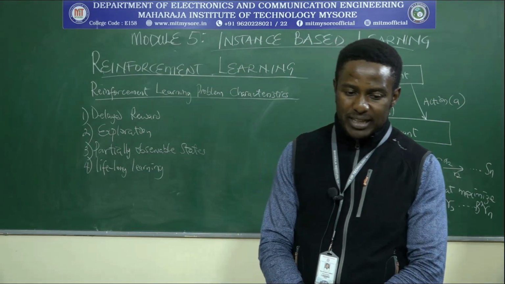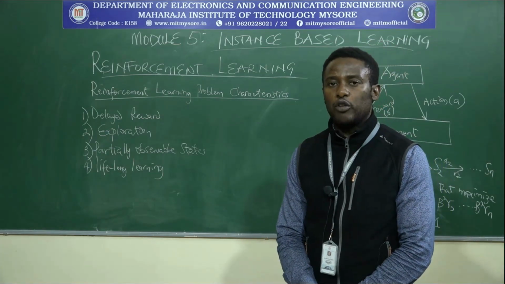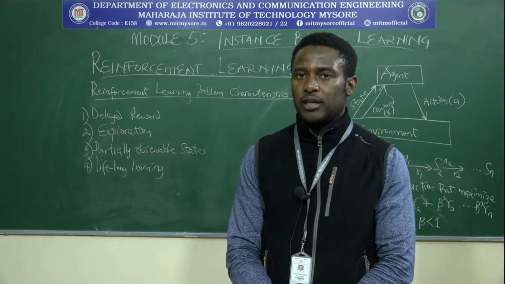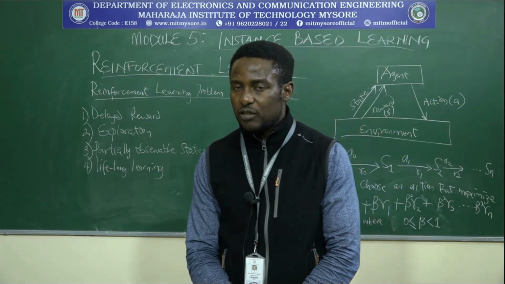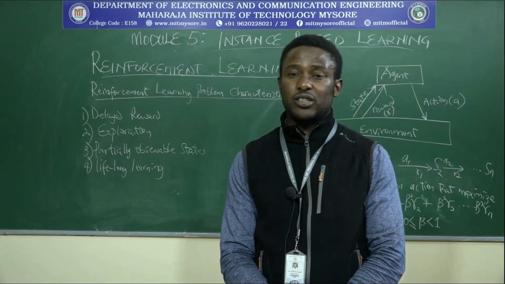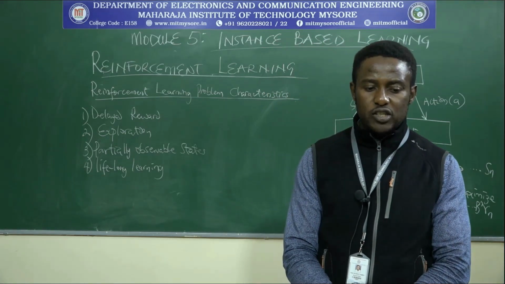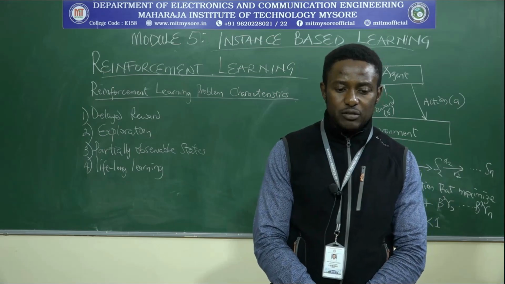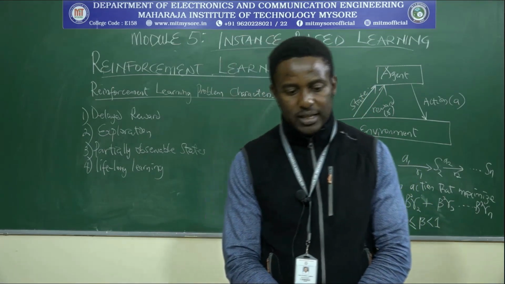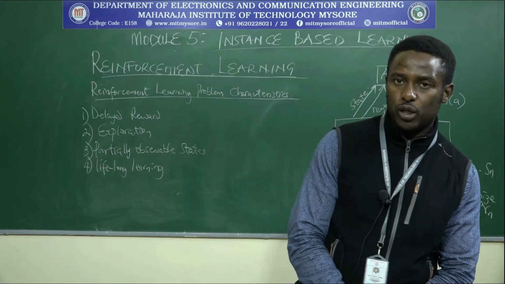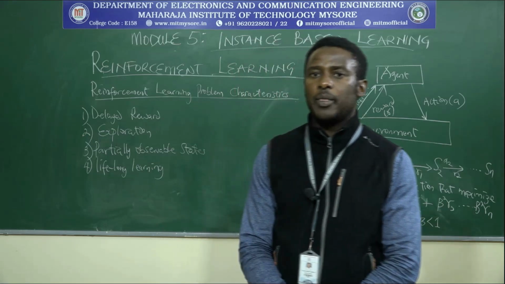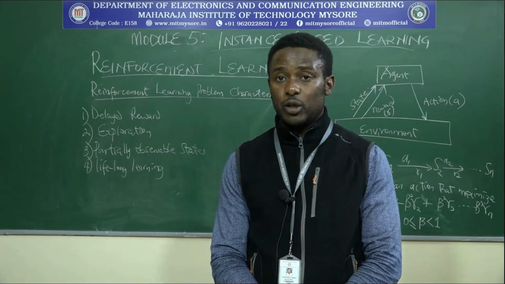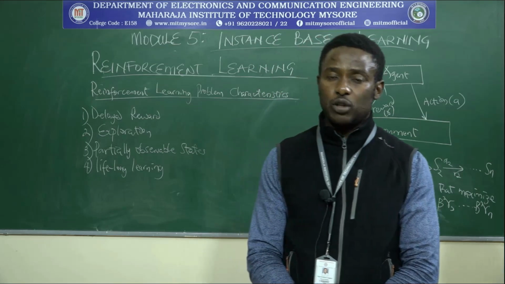In reinforcement learning, this agent faces the problem of what we call temporal credit assignment, which says that it's very difficult to determine which of the actions in each sequence are to be credited with producing the eventual reward, right? So let's say it took so many passes at a particular time. Now, which of them do we actually credit with that reward that led to that optimal solution? This is the concept of delayed reward.